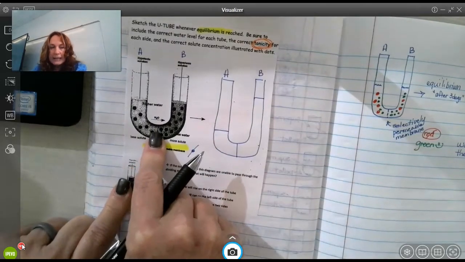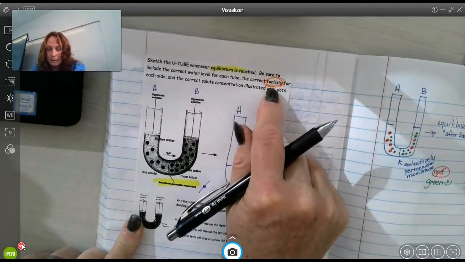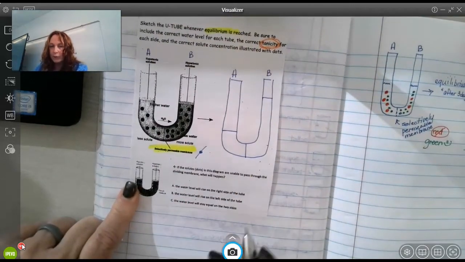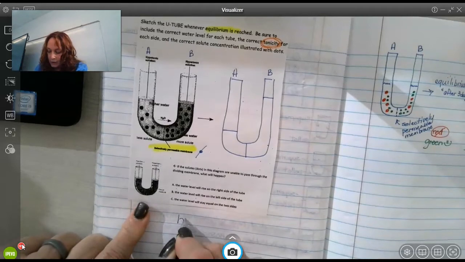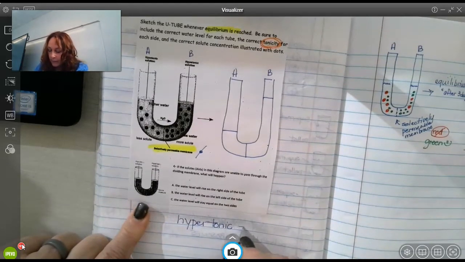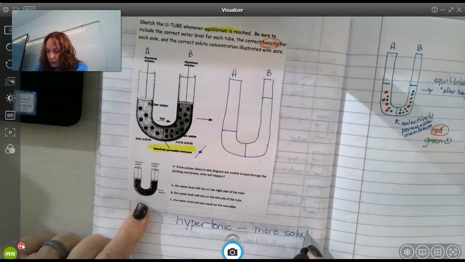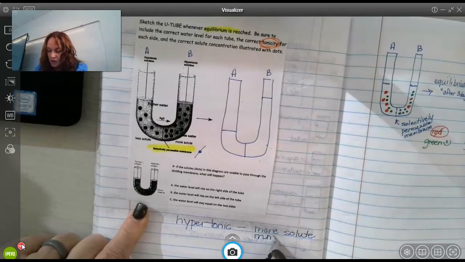So initially, let's look at tonicity. Tonicity has to do with words. It has to do with hypertonic, more stuff. So more solute, more stuff.